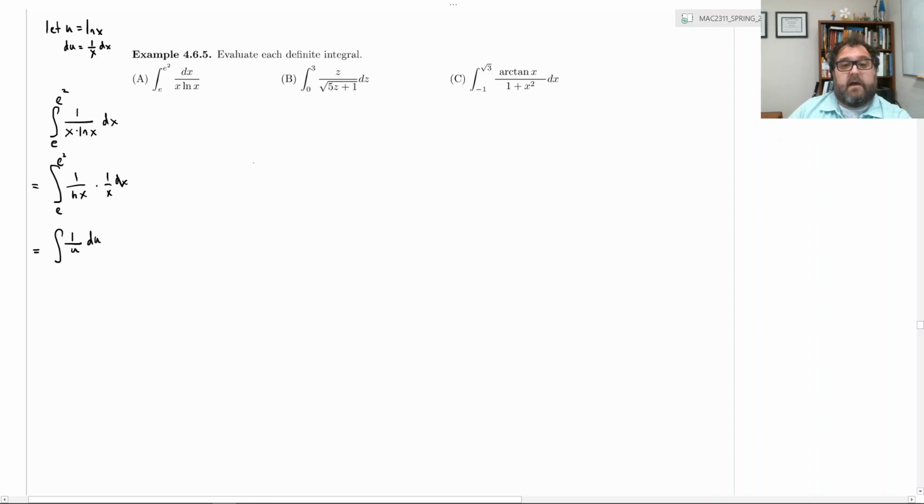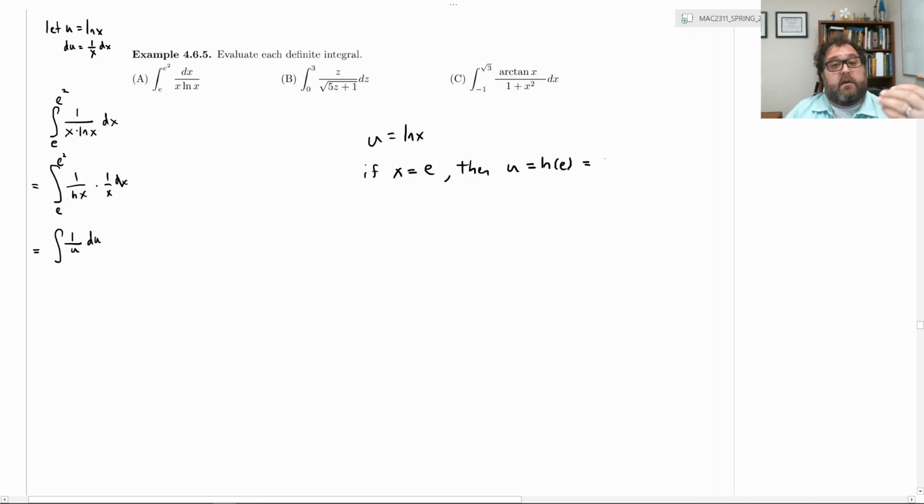Now, okay, I need to consider my limits of integration. So I have the substitution u equals natural log x. If my original lower bound x was e, then the corresponding value of u is when you plug in e. So u equals natural log of e, and now what's natural log of e?